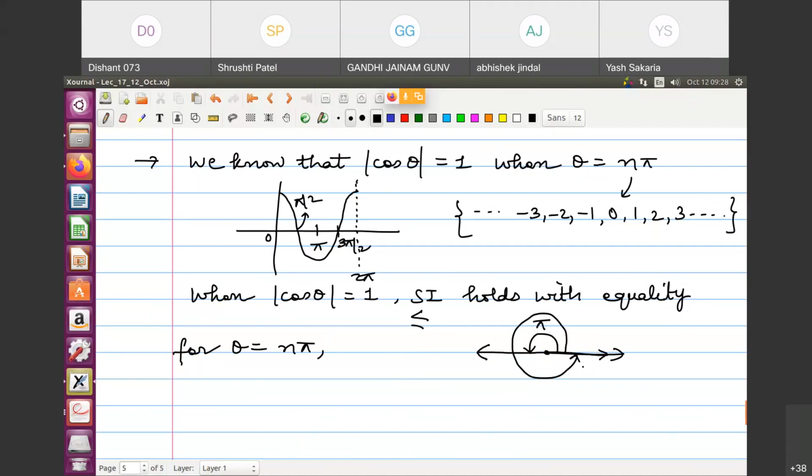Like this it continues. So दो ही possibility है, या तो मतलब line में तो होंगे, but they may be in opposite directions. Okay. That is the only possibility. It means they have to be along the same line, but they may have different orientation. Okay. So for theta is equal to n pi, both vectors must lie on a line.